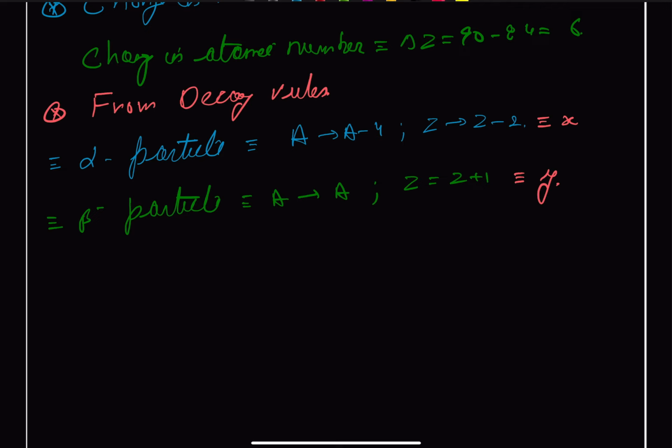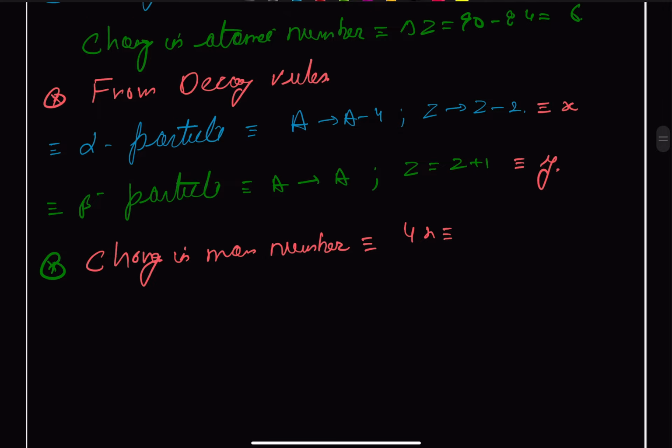Therefore we can write that for change in mass number, 4x will be equal to 16, and x will be equal to 4.